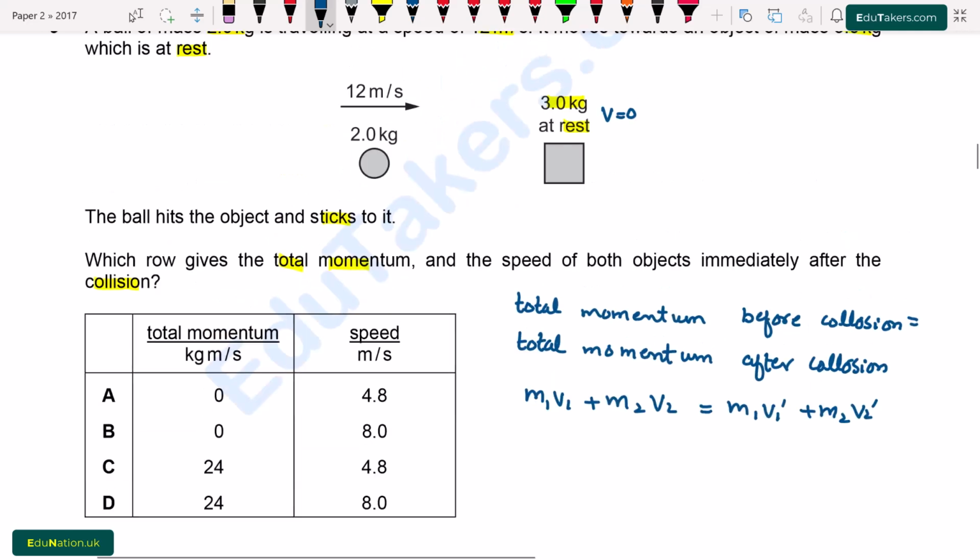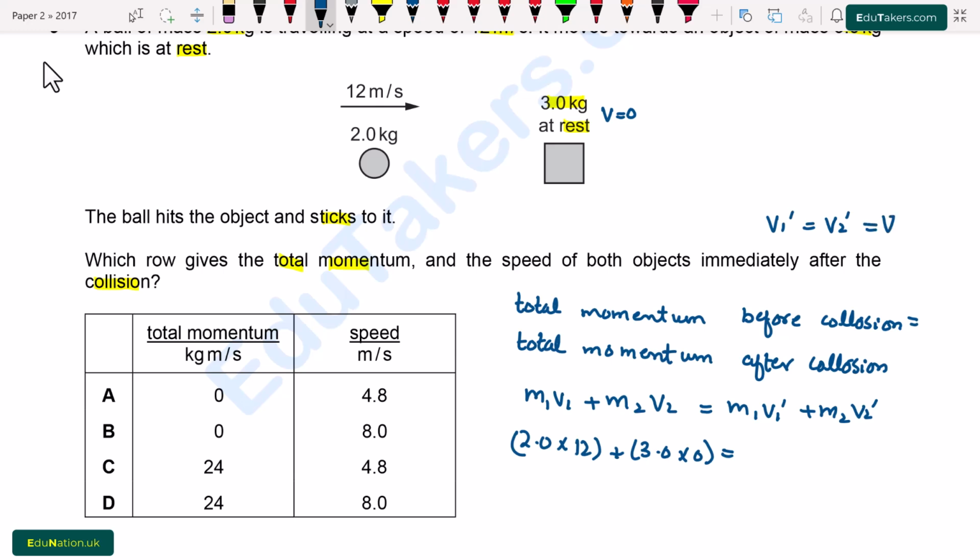Now I am going to put values here. The mass of the ball is given, which is 2.0 multiplied by v1, 12, plus m2 is 3.0 multiplied by 0, because the object is at rest. It will be equal to, as both of these objects stick together, so they move with the common speed. Therefore, I write here v1 prime is equal to v2 prime and it is equal to v.